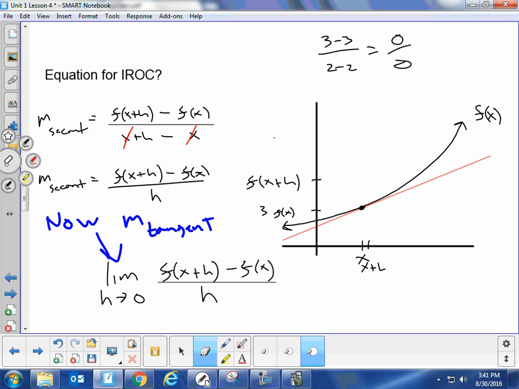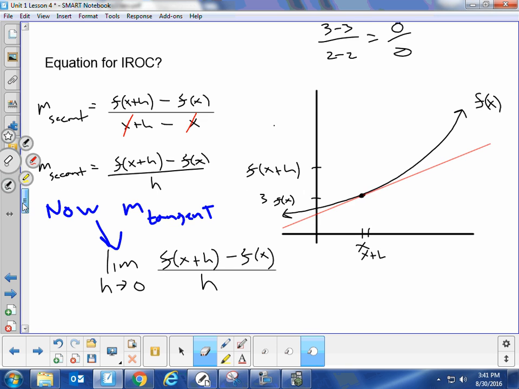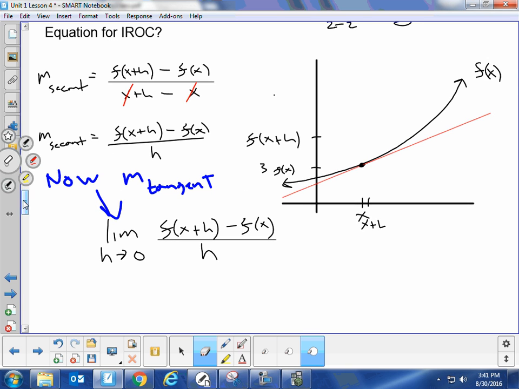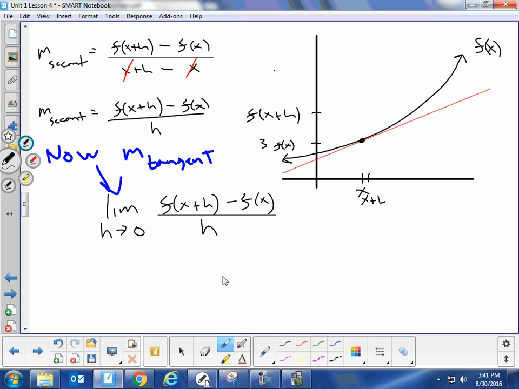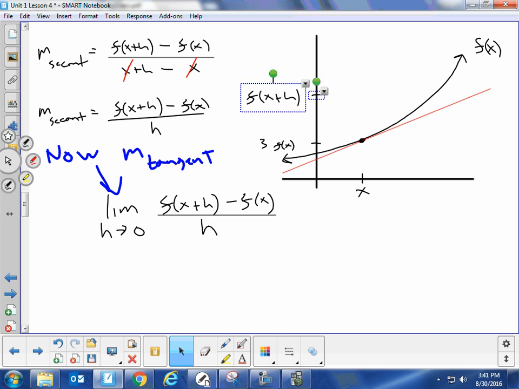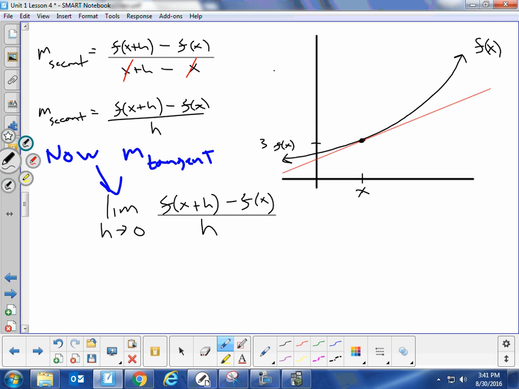There's an alternate way that I could have created this formula. I could have used 2 points, x and a. If I did those 2 points, it would have looked like this. A would have been here.